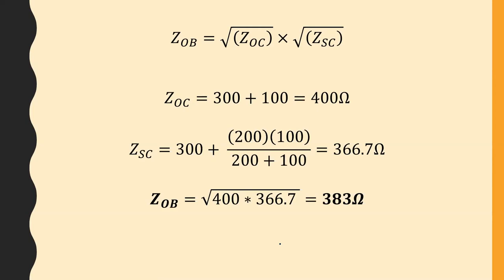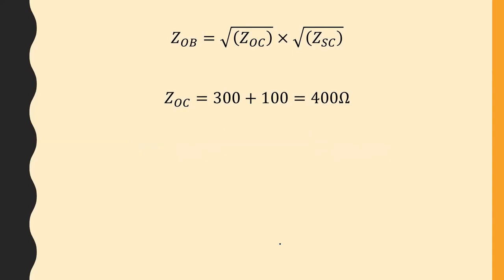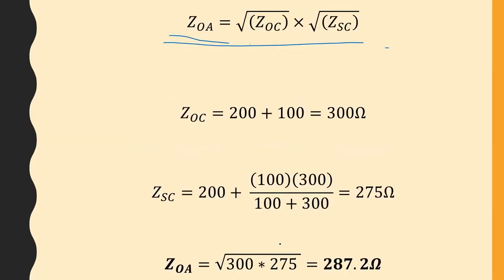If the image impedance at OA is 287.2, it means that when you connect 287.2 at B, what would you get? 383 at A. All right, so do that for me.